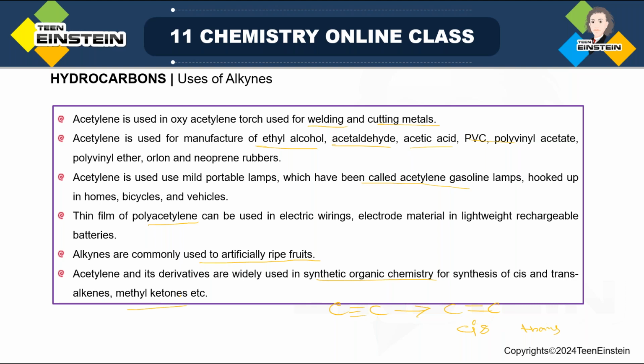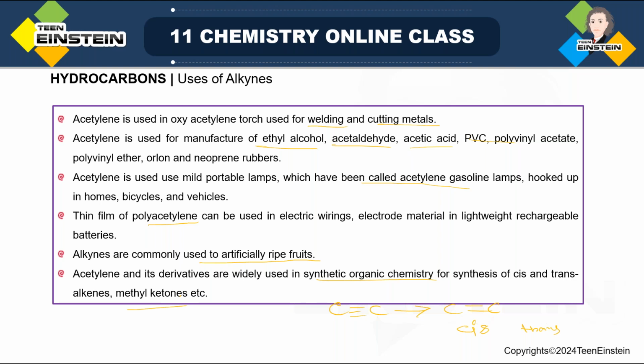All these conversions we have already studied under the heading of chemical properties, because the chemical properties of alkynes are very versatile. There is addition, there is oxidation, there is polymerization. Everything we have discussed. So you can now understand all the applications.